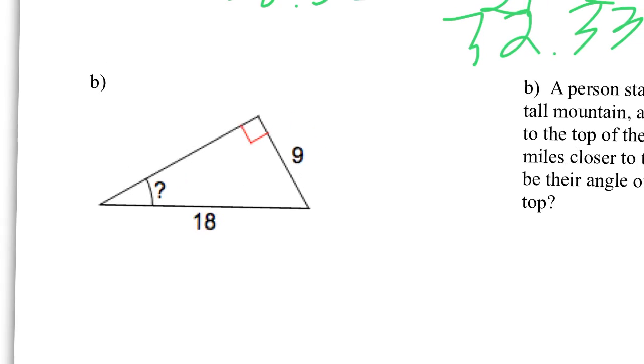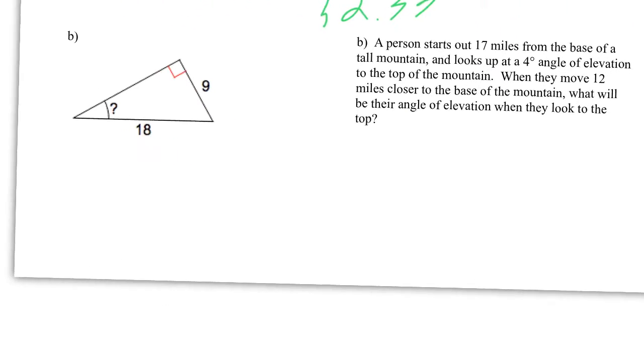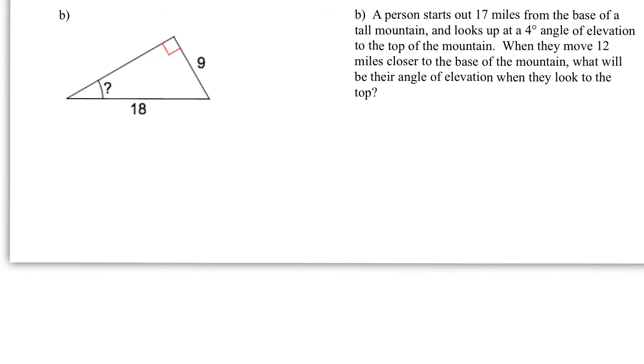For the second problem, we're trying to find an angle and another side. If you don't recognize this as a special right triangle immediately, that's okay. I know that based on this angle, we have the opposite and the hypotenuse. I might deal with this as sine.